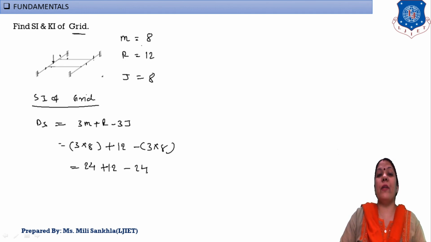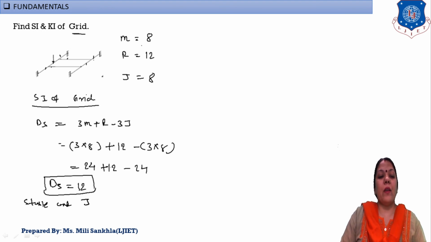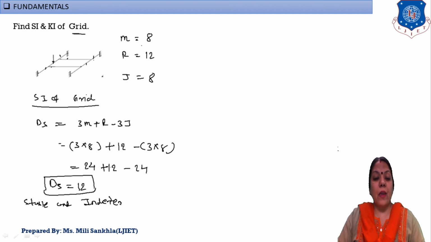That means here 24 cancels, and my answer ds is equal to 12. What is the statement for this grid? The given grid is stable and indeterminate to 12th degree.